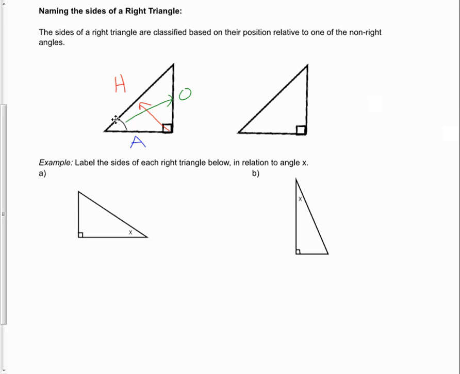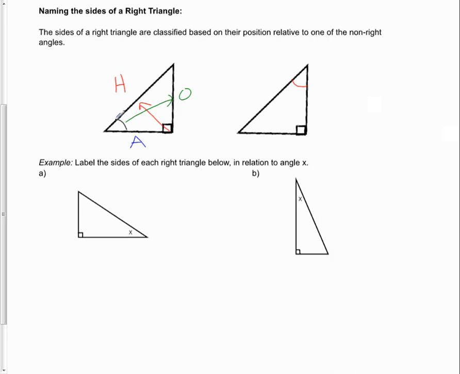Now, if we change where that angle is, that also changes how the triangle is named. On the triangle on the right-hand side, if the angle in question is the one at the top, we have to rename the HOA for this triangle relative to this angle up here.